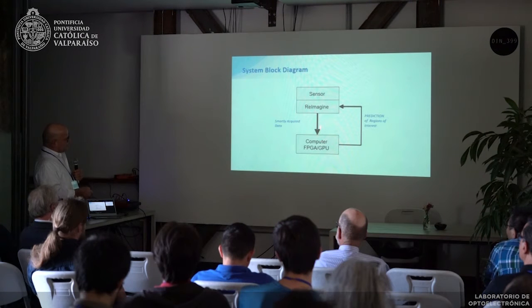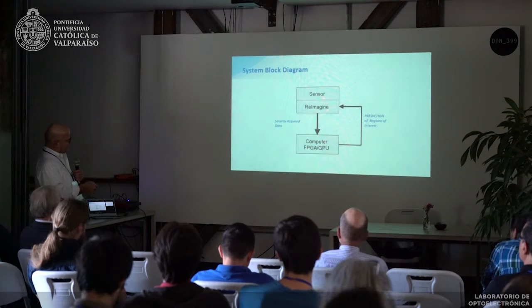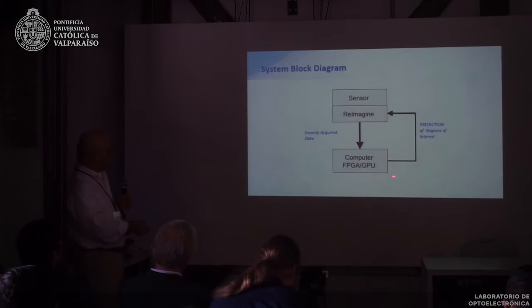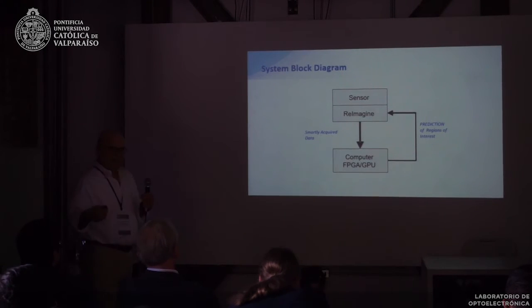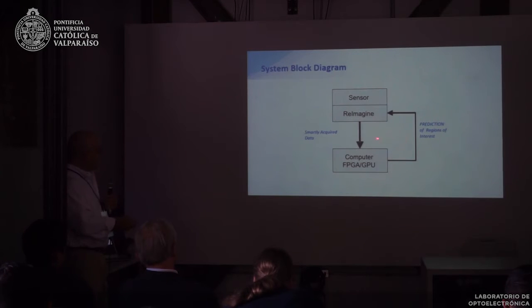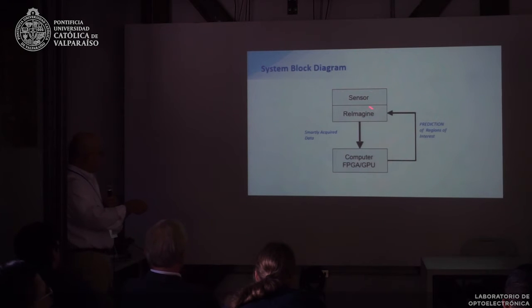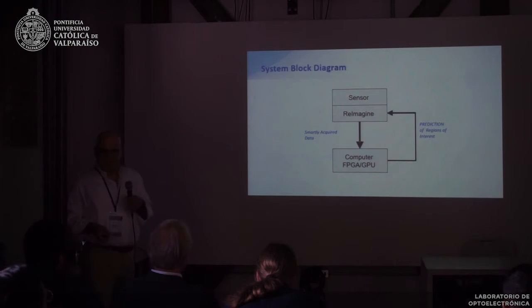And of course, an interesting question is how you balance the computational demands between the sensor and the host that in principle can be a very powerful host. So for this to make sense, there's some prediction from here where to look, and then it requires data, and there's some correction here, so it's a prediction correction mechanism.